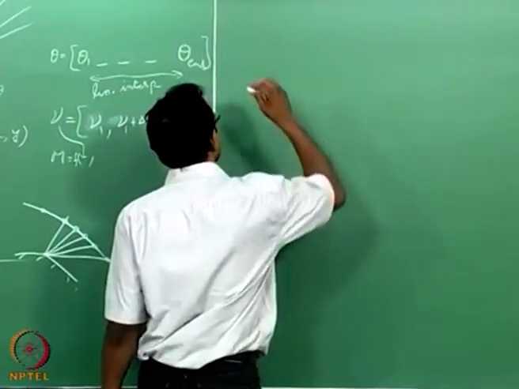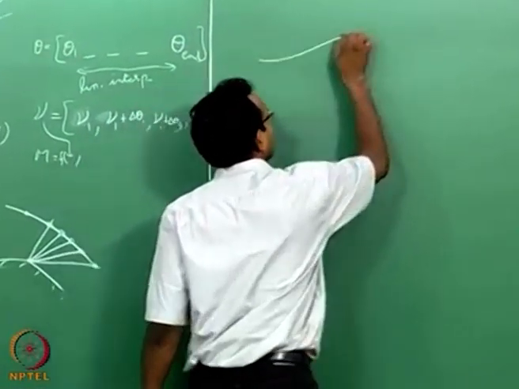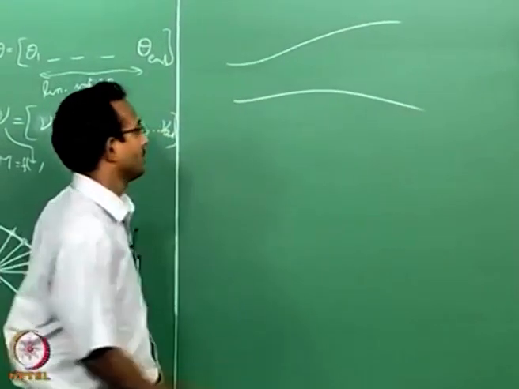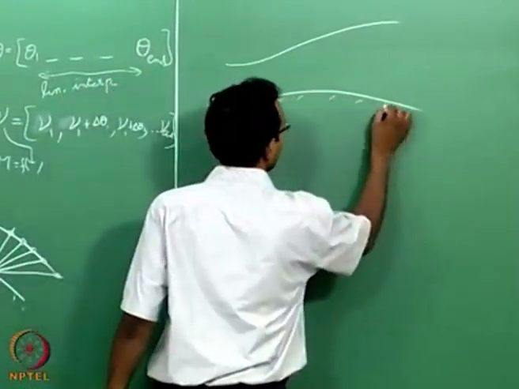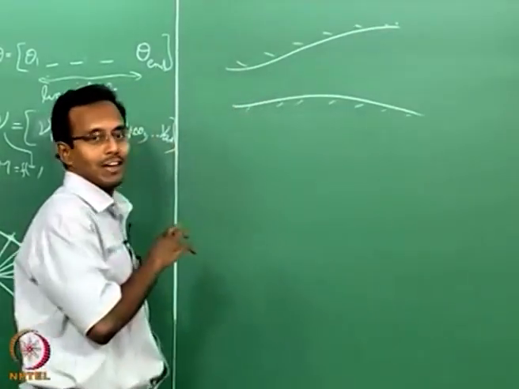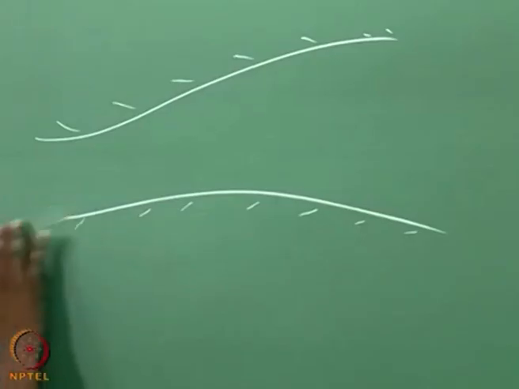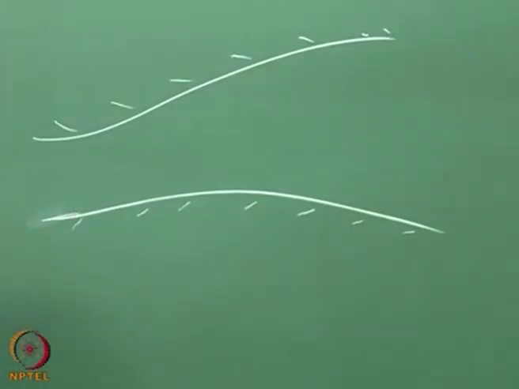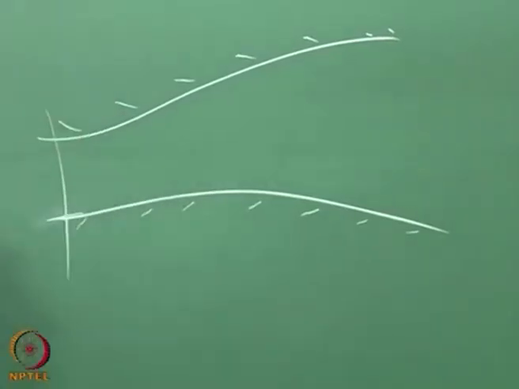If I think about how to solve this problem, let us say I want to solve flow through some random duct. So, this wall geometry is given to me, I know the exact wall function, x, y values of this wall I know exactly. If I know that, we need to start somewhere.